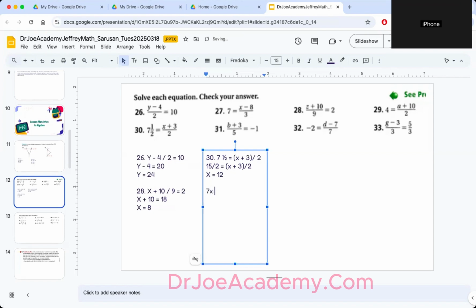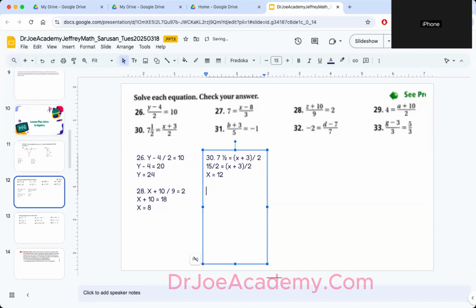Yeah. So 7 times 2 plus 1 equals 15. And the denominator always stays the same, so it's 15 over 2. The right side I kept exactly the same. I only wanted to change the left side for now.